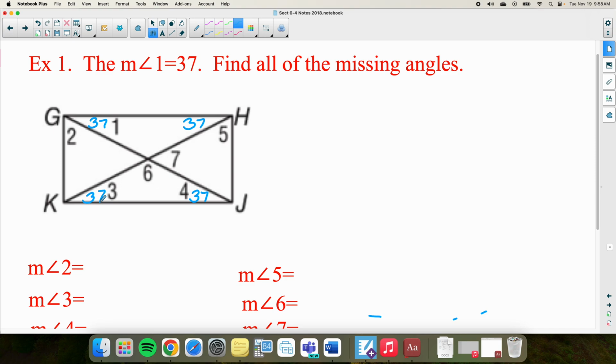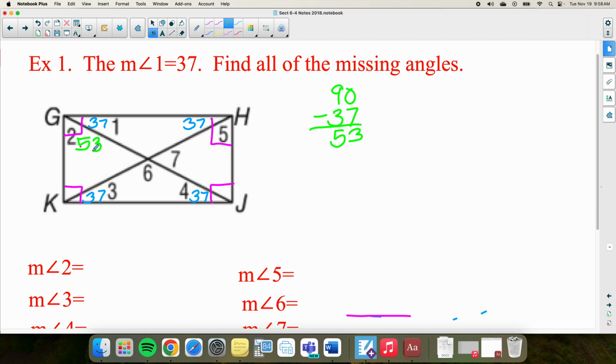Now, in a rectangle, each of these angles are right. Okay, so if this is 37, could I find angle 2 there? Wouldn't I go 90 minus 37? And 90 minus 37 is 53.